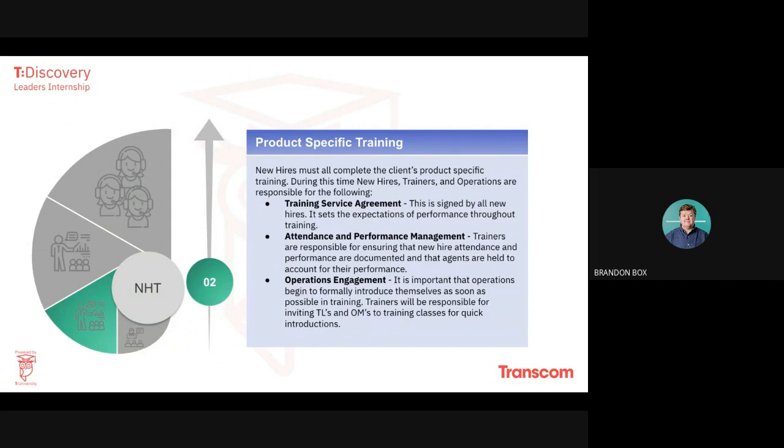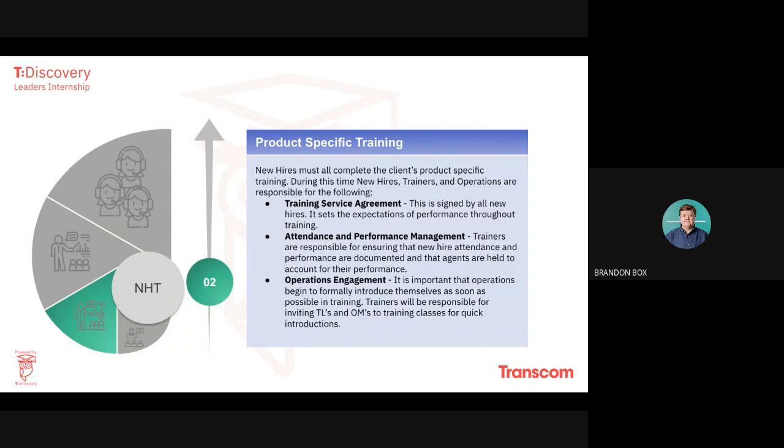From there, we have operations engagement. It is extremely important that operations begin to formally introduce themselves as soon as possible in training. So the trainers will be responsible for sending TLs and OMs invites to training class, for just quick 5-minute introductions so that we don't take away from the learning time.